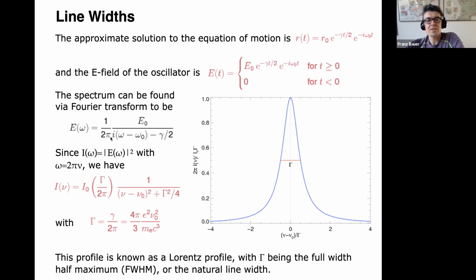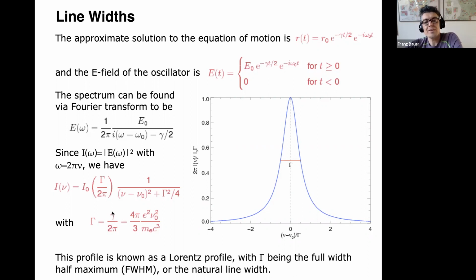Of course, when we square this, we get rid of the complex number. We can also think about the oscillator frequency as just 2 pi times the actual frequency. And so we then have an intensity as a function of frequency, which goes as some normalization times some value here. This is now proportional to the damping constant, but divided by 2 pi.